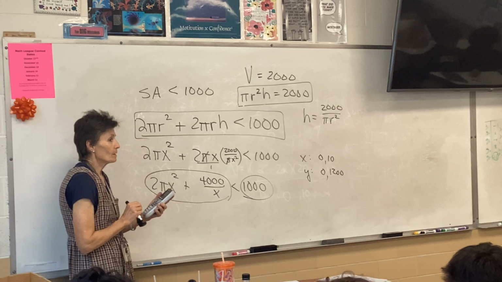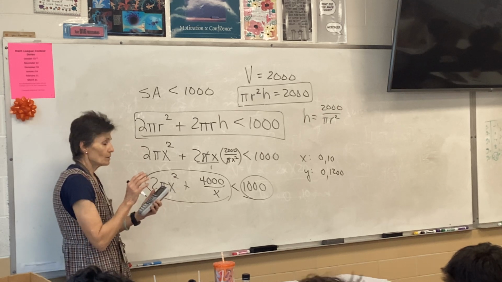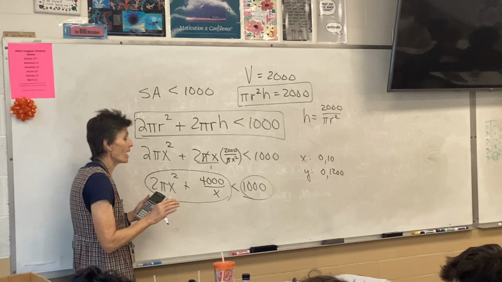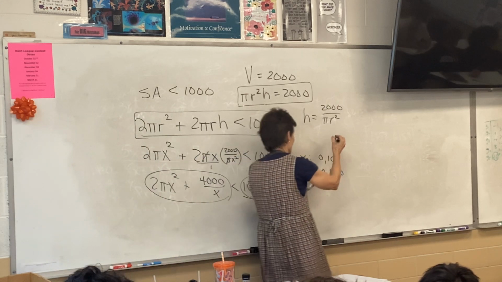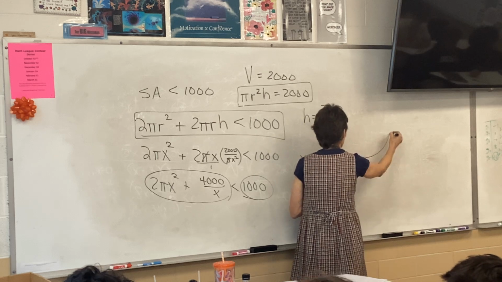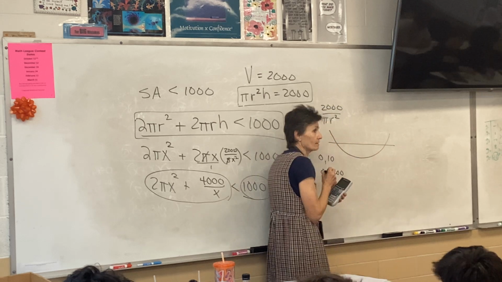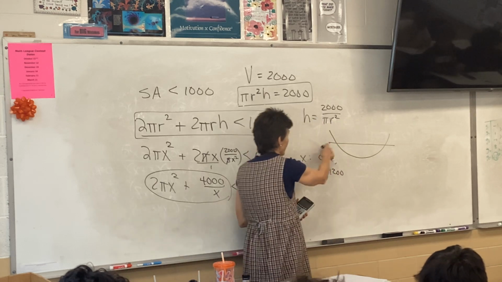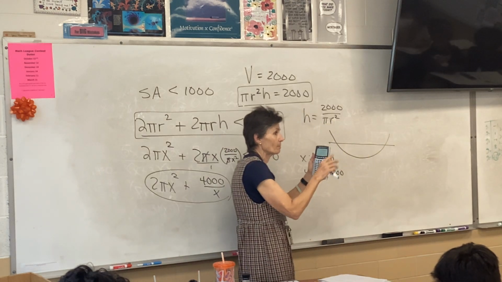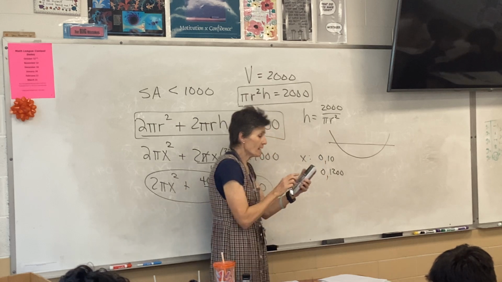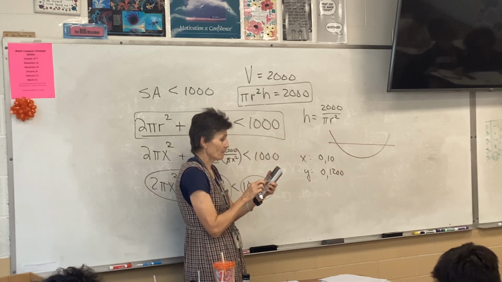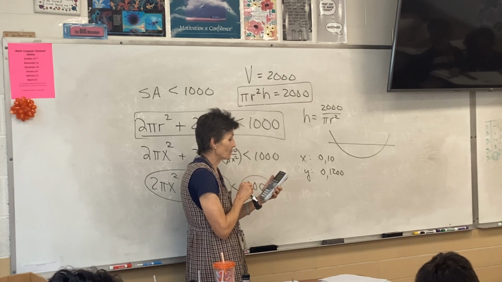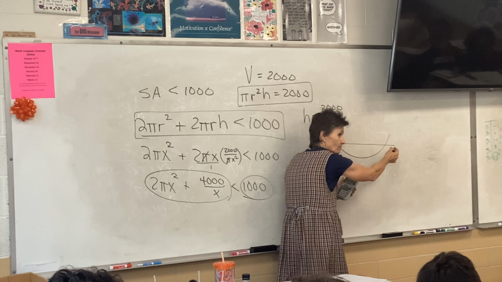Now remember, you don't care about anything on the graph except you need to see your curve and your line crossing. This is the 1,000 line, and then your curve has some kind of shape. I'm gonna go ahead and make my X's a little bit bigger. I'm gonna go to 15 so I can see more of my picture. Do you see this now on your graph?